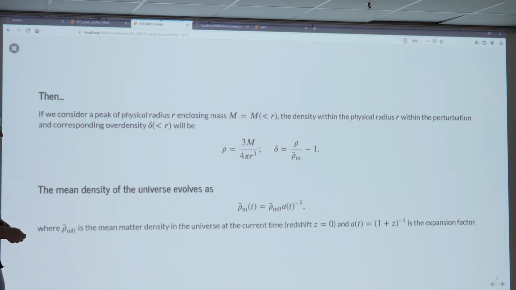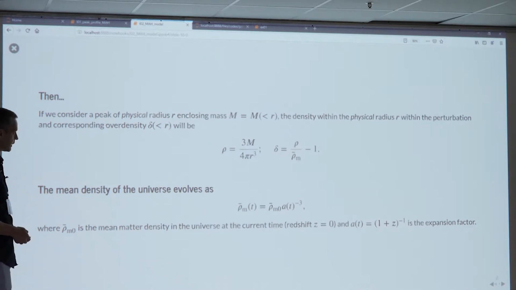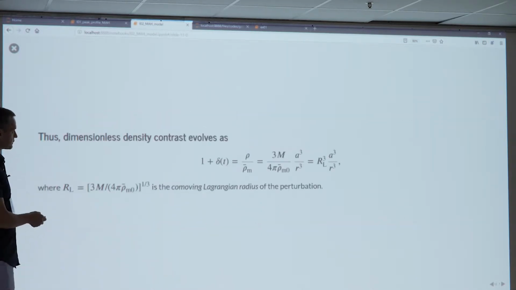The mean density of the universe evolves like this: mean density at redshift 0, times inverse scale factor cubed, or 1 plus z cubed, because the expansion factor is inverse 1 plus z. So we can plug it in here, and then we can plug in density from here, and collect the terms with simple algebra, and we'll get this equation.